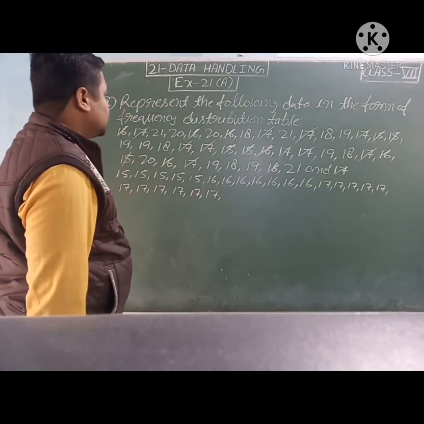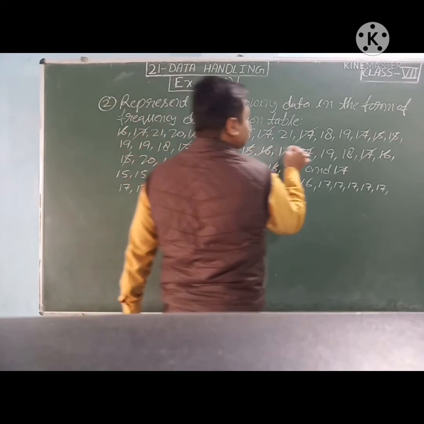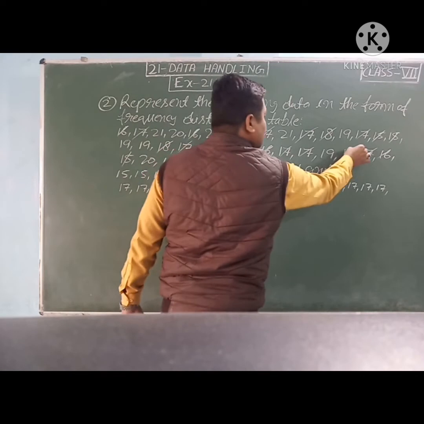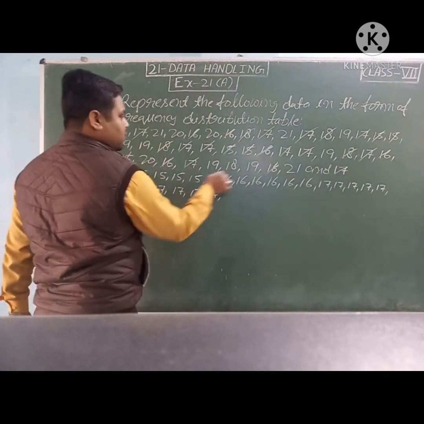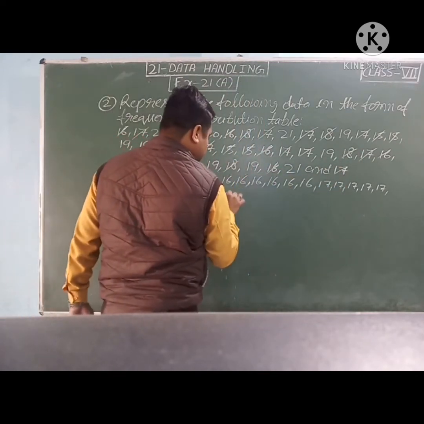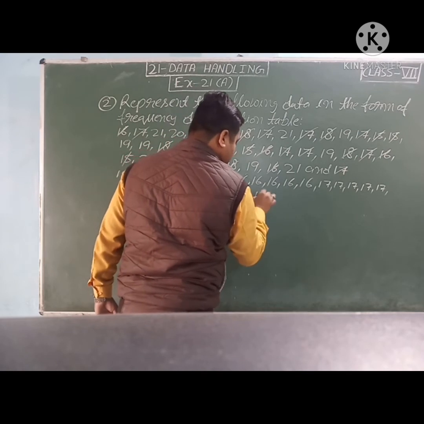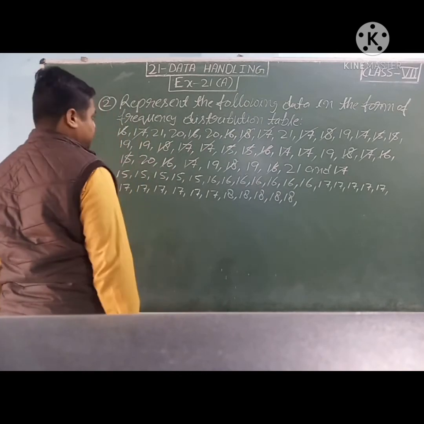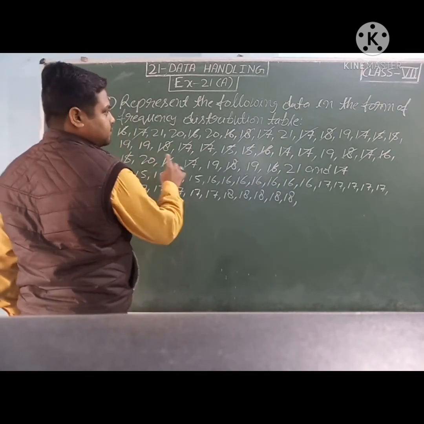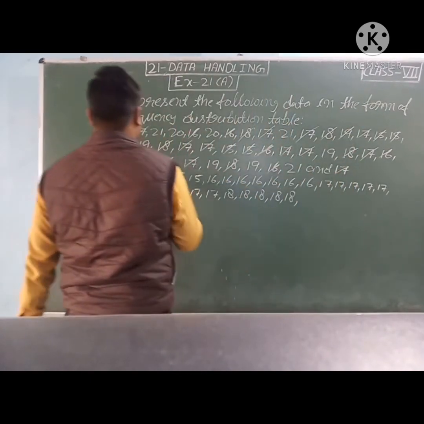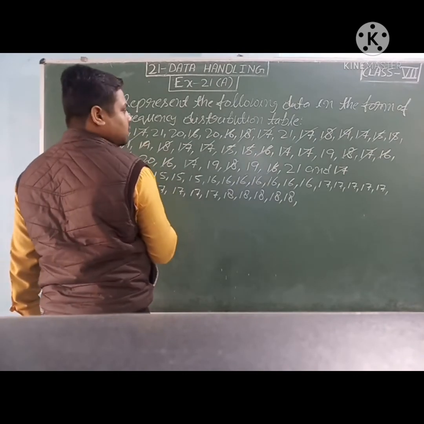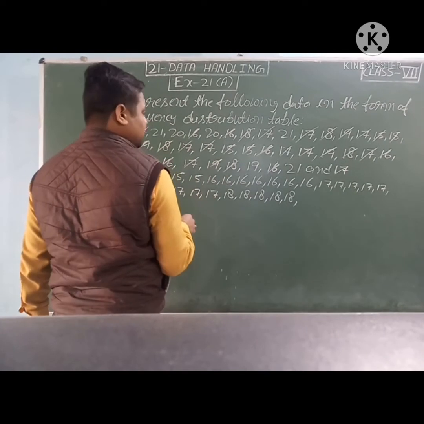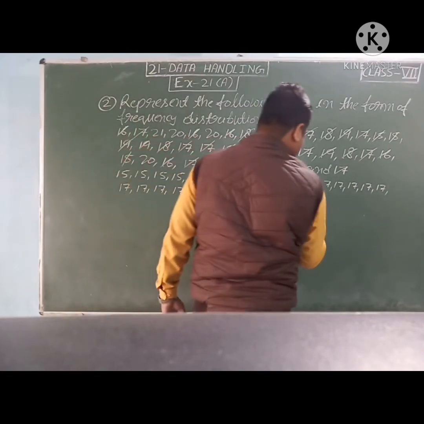After 17, 18 is there. 1, 2, 3, 4, 5. 5 times 18. After 18, 19. 1, 2, 3, 4, 5, 6. 6 times 19.